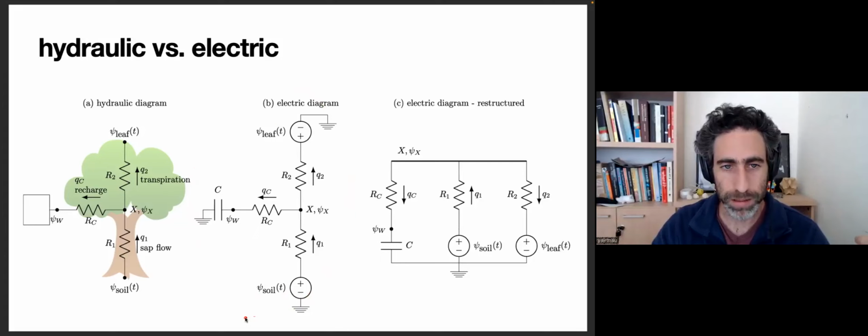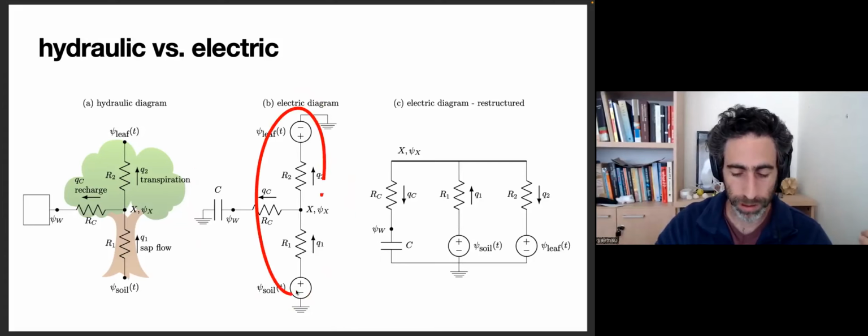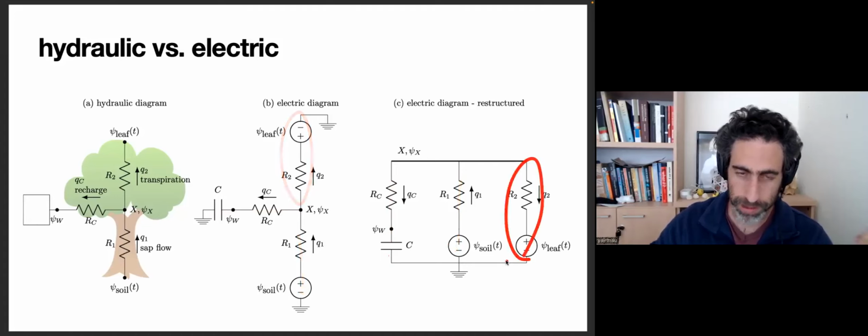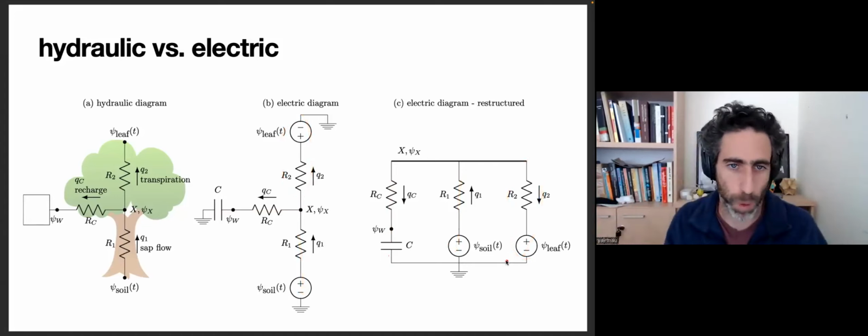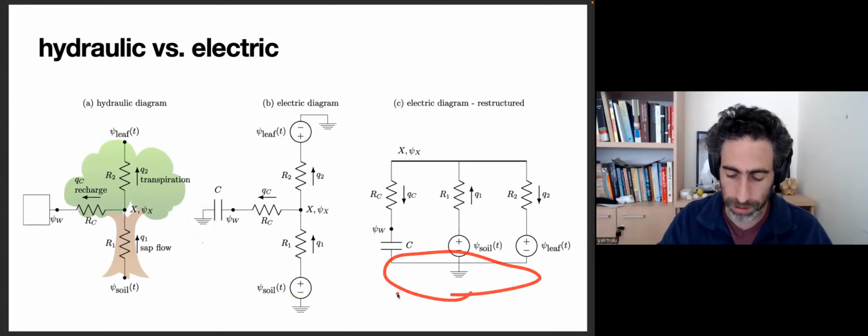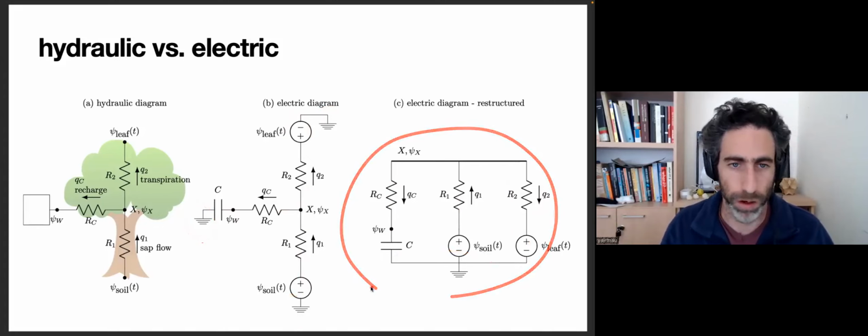But if they are wires, then it doesn't necessarily have to look like a tree. So this part would be this one, and this is this, and this one becomes this. I just bend the wires because they are wires and I can do that. And I have those groundings here. So they are all here. And this doesn't look like a tree at all.